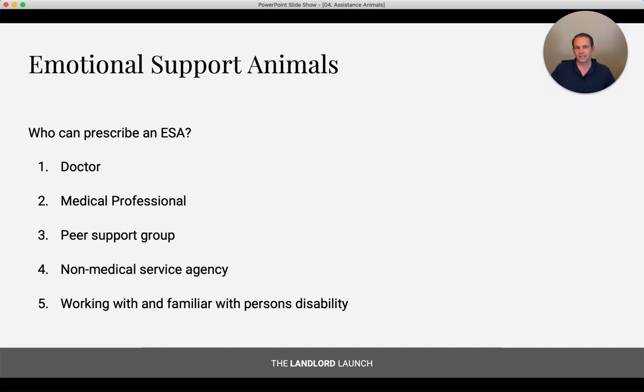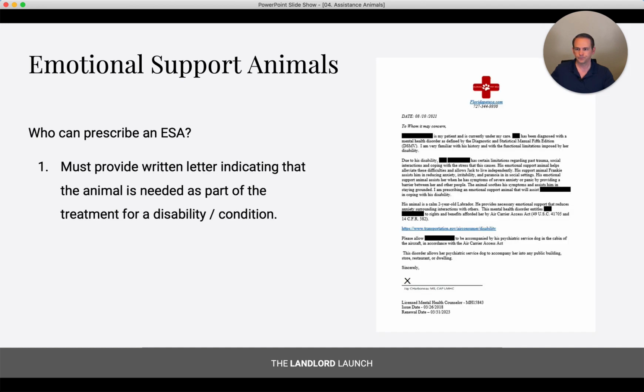But with the advent of technology and online counseling, you can't automatically discount those types of things these days either. But the big thing is that criteria is working with and being familiar with that person's disability. Theoretically, that's what's said, at least.